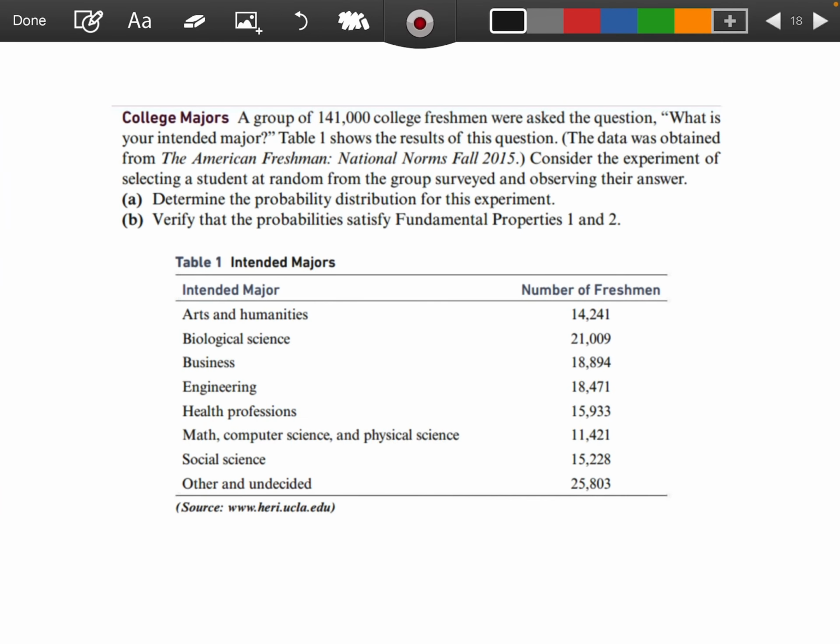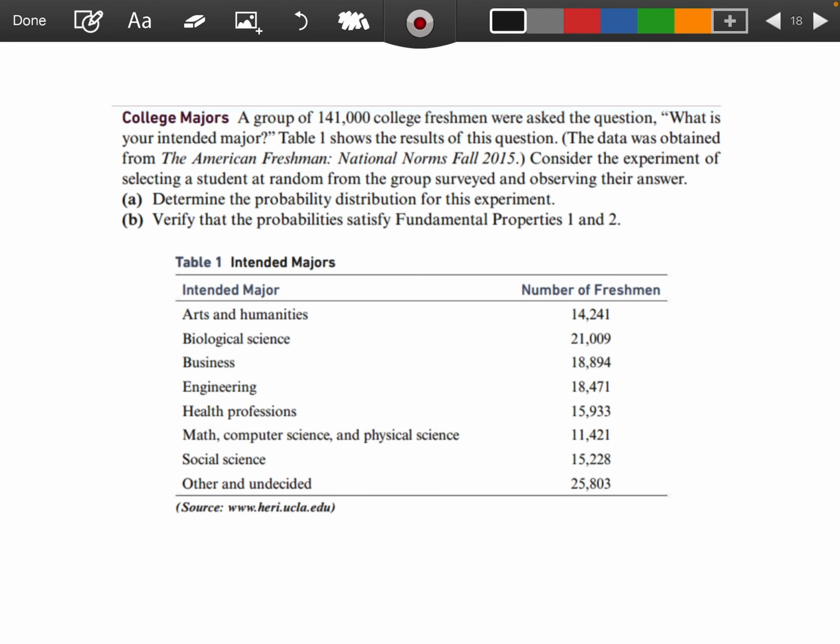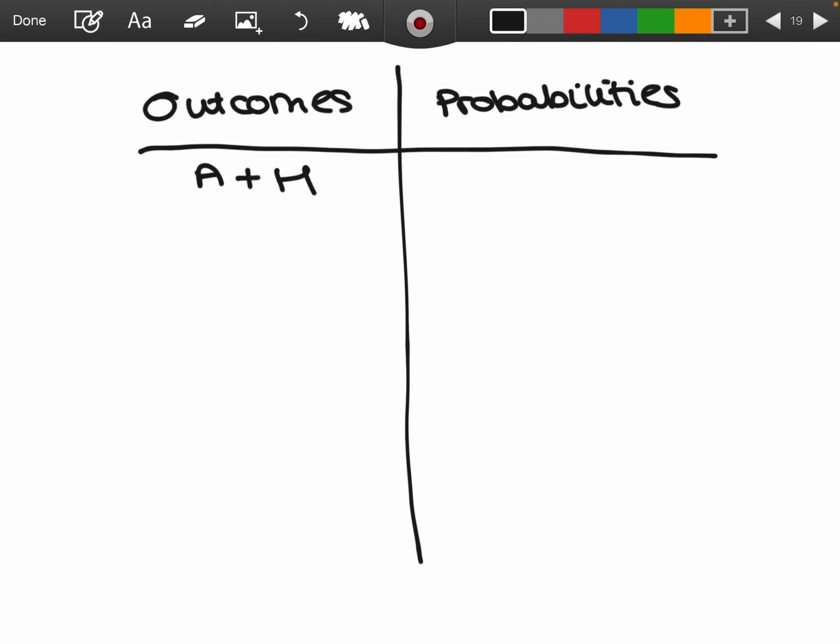I'm not going to do all of these. You can go through and finish off the table, but we can see our first one is arts and humanities. So that's our first outcome. And then it tells us that 14,241 freshmen wish to take that out of the 141,000 freshmen that were surveyed.